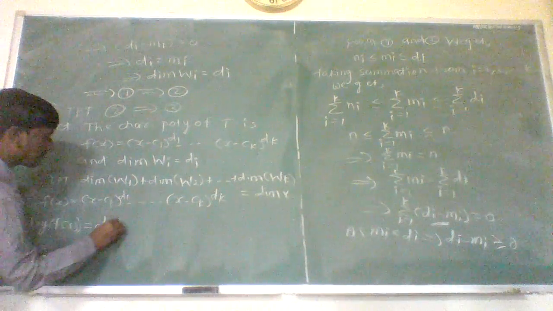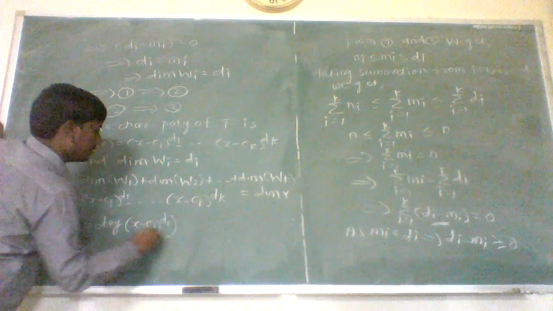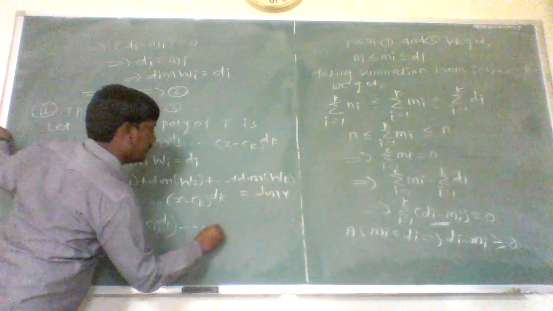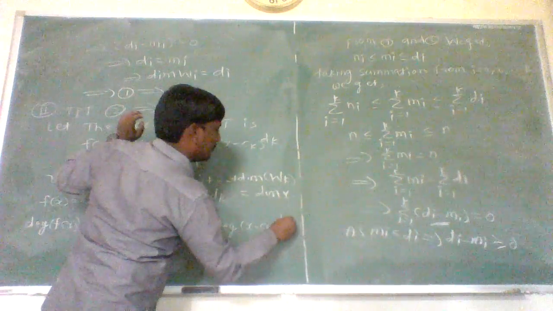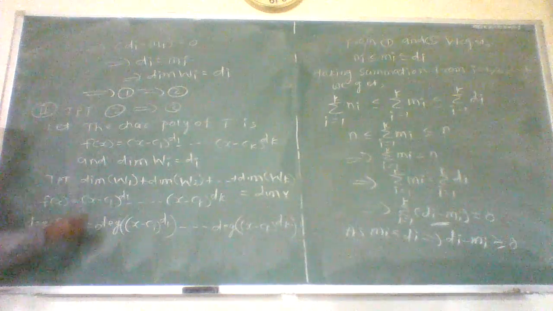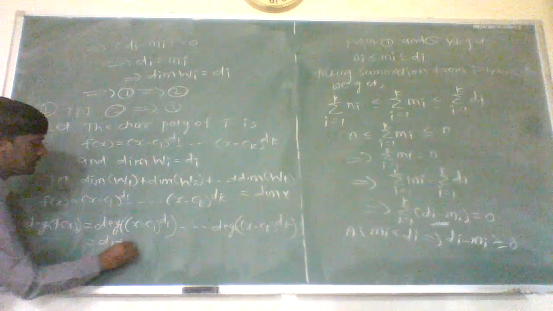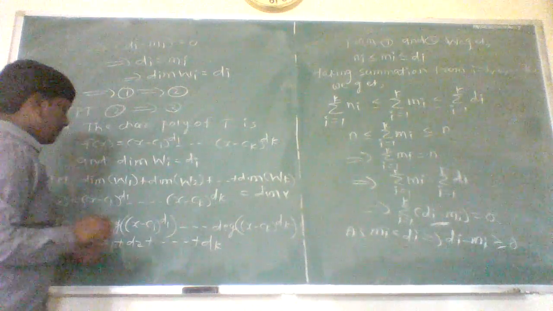That is, the degree of this polynomial is the summation of these terms, the degree of x minus c1 to the power d1 up to the degree of x minus ck to the power dk, which is d1 plus d2 plus up to dk.